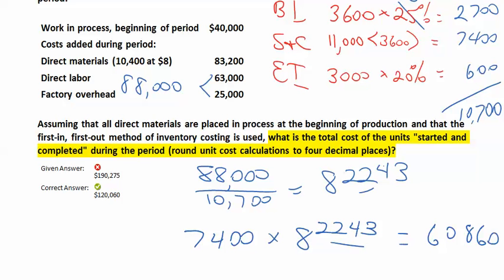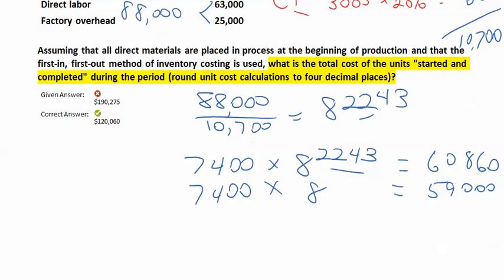Round that off. And then I have the materials of $8 a unit. They gave it to me, so I'm going to take 7,400 times 8. That's 59,200. If I add those together, that should give me my total cost of those units that were started and completed.